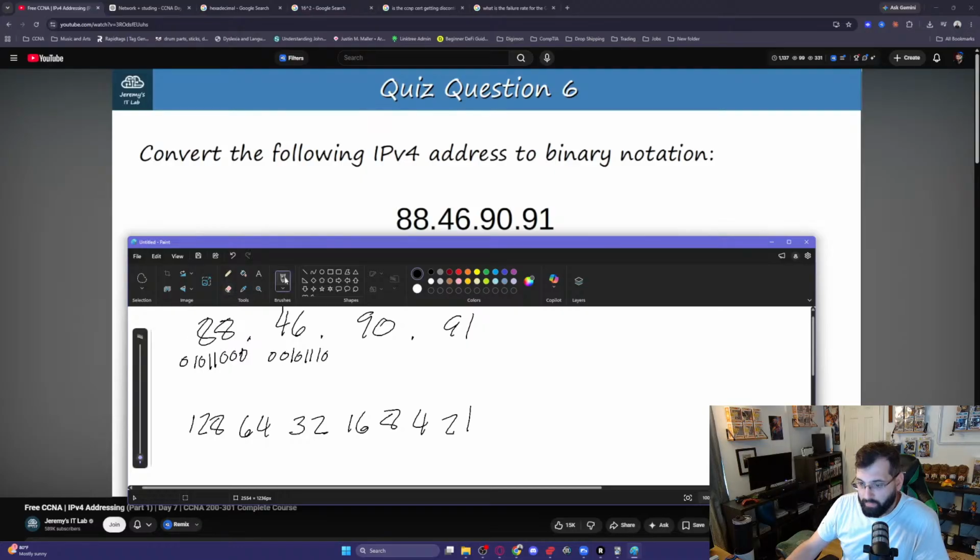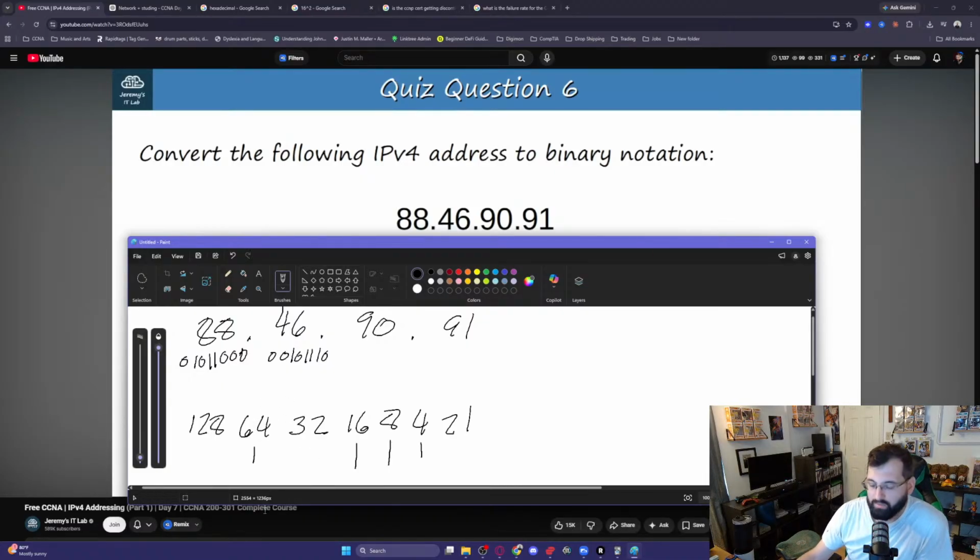Now we need the 90. The 90 is going to be 64. But I don't think it'd be 32, because that would be 96, right? So then we need it to be 16 and 8. Wait, what is 64 plus... No. Hold on.